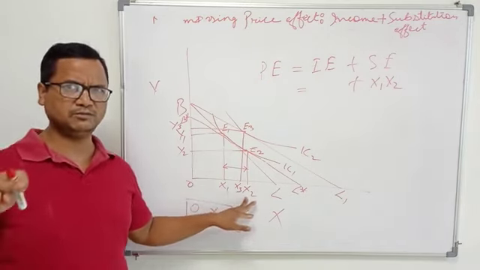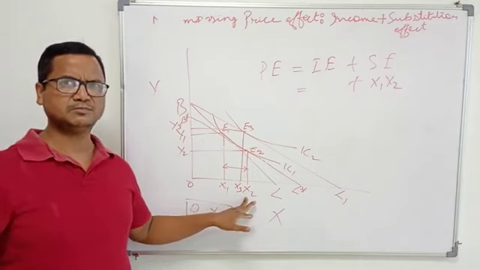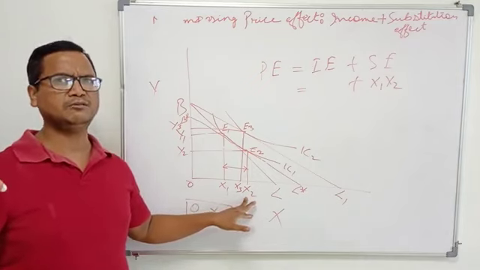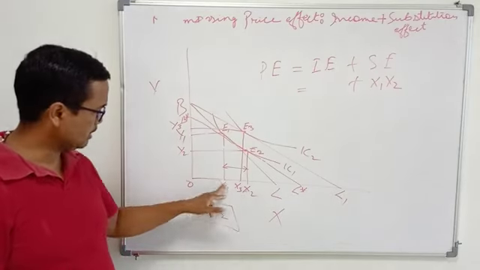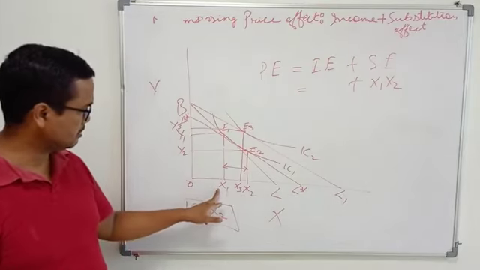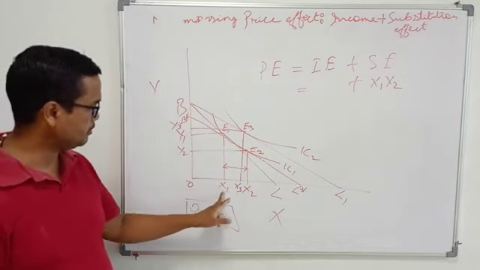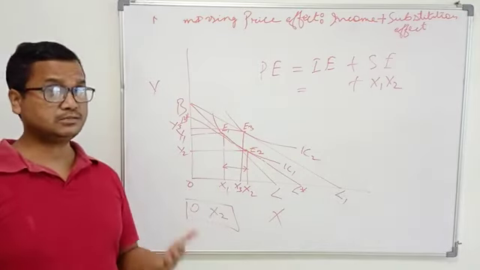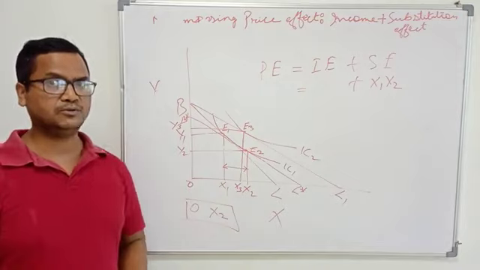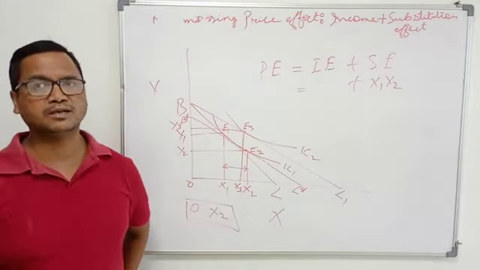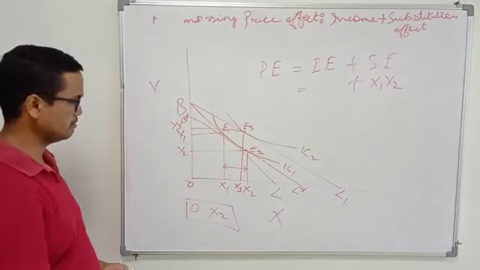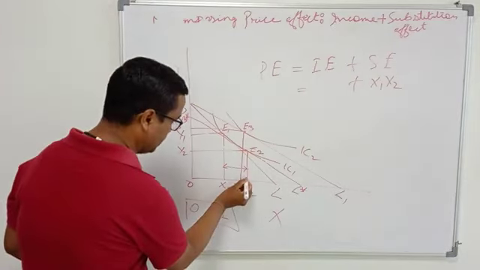When the price of the commodity falls, the consumer will find that commodity cheaper, so obviously they are going to purchase more. So they increase the consumption of X from OX1 to OX2. Now, since X is an inferior good, when the income of the consumer increases, it is going to reduce the consumption. How much? The reduction in consumption is this much.